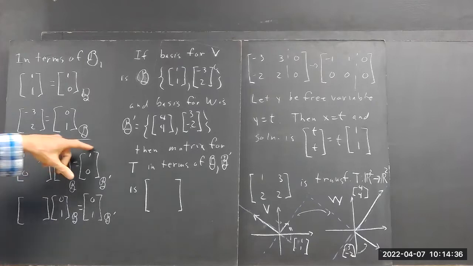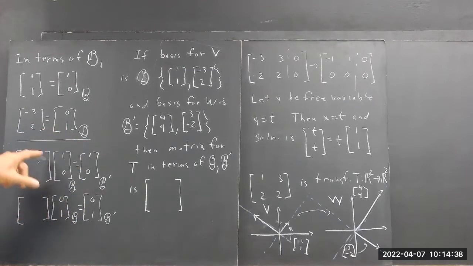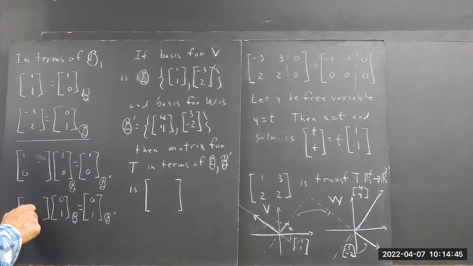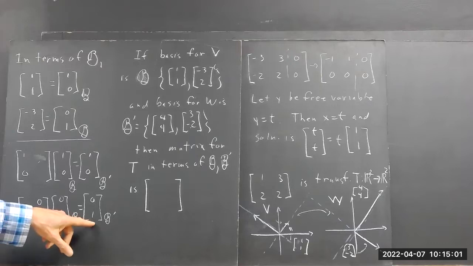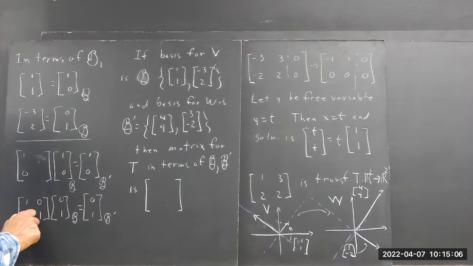You've got to have a 1 here to get a 1 here. It doesn't matter what you have here and here, it's going to multiply by 0. Okay. Down here, you would have to have 0 here and 1 here. It doesn't matter what you have here. 0 would multiply 0. 1 would multiply 1, which would give you your 1 here. Okay. So what you end up with is just the identity matrix in terms of these two bases.